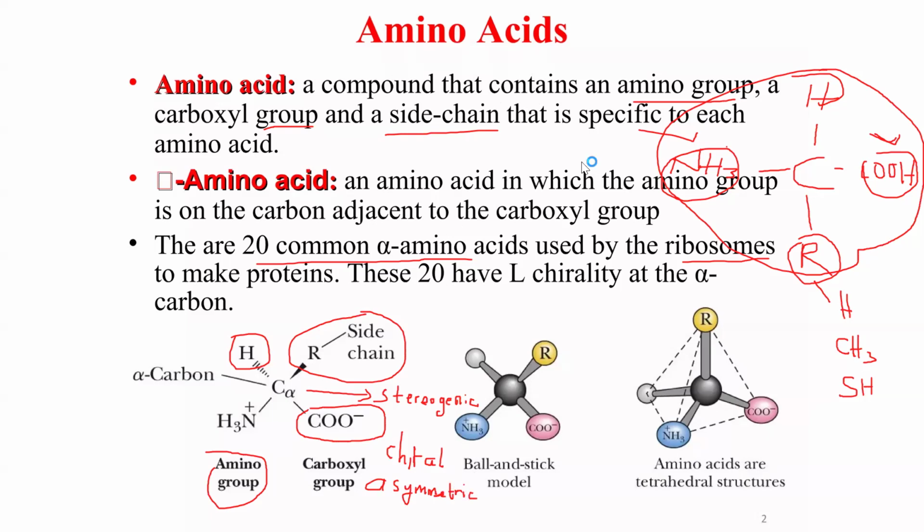So any carbon atom that has 4 different groups attached to it, we either call it alpha carbon, stereogenic carbon, chiral carbon, or asymmetric carbon. All these names apply to the carbon that is attached to 4 different groups.